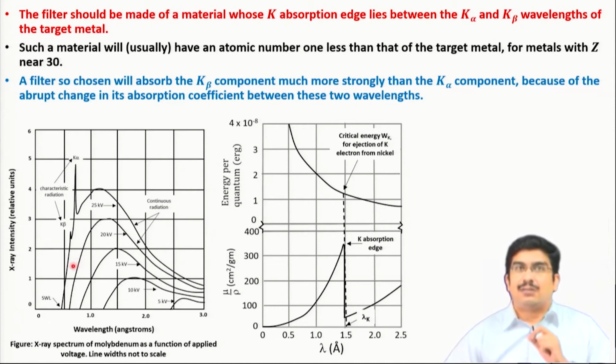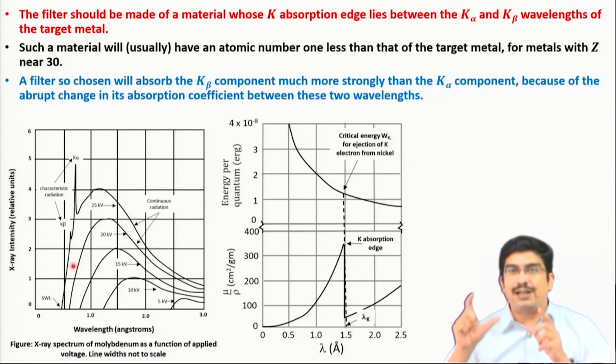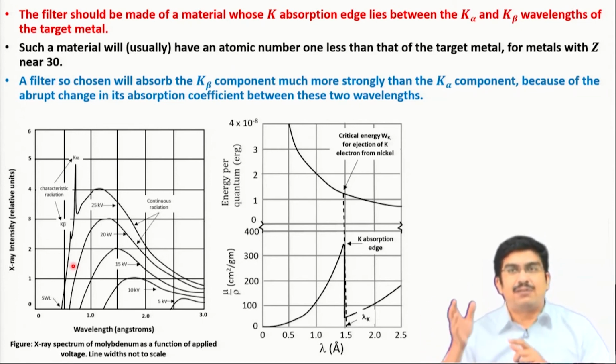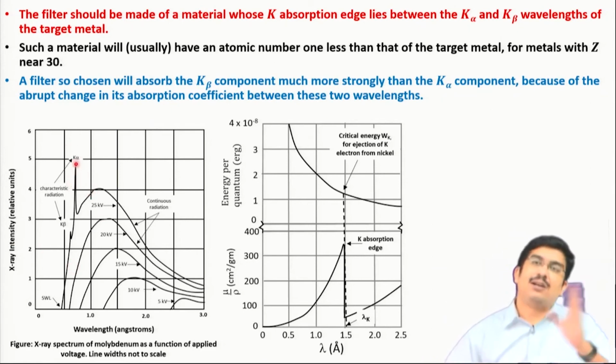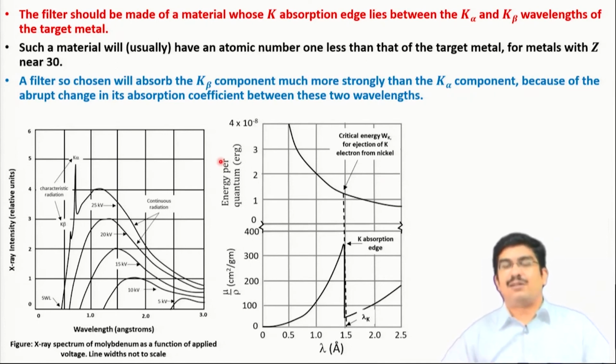The thumb rule normally for finding such a material: for the filter, I have to find another metal which has an absorption edge at a wavelength between K alpha and K beta of the target metal. The thumb rule is that it is close to an atomic number of around 30. Those are mostly the transition elements typically used as target metals, copper, cobalt and so on.